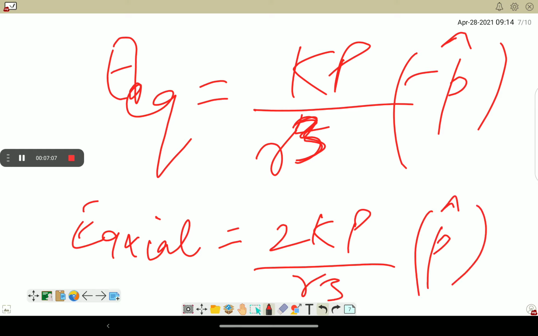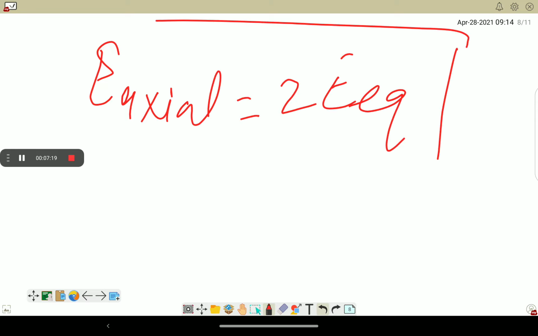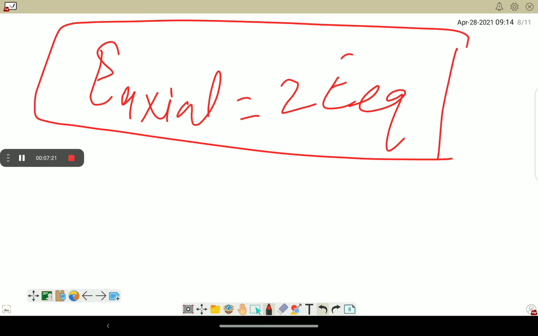So if you compare equatorial and axial, we can write that E axial is twice E equatorial, and the directions differ by 180 degrees.